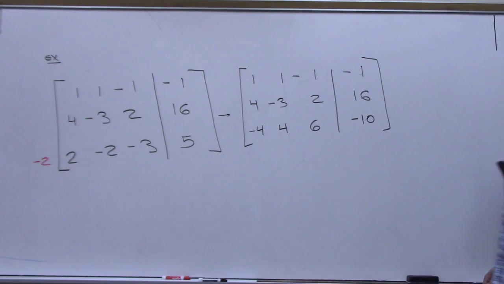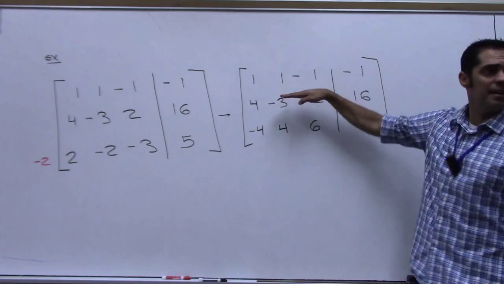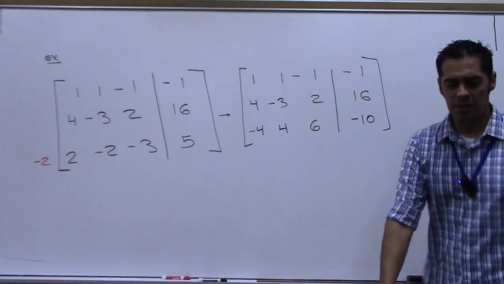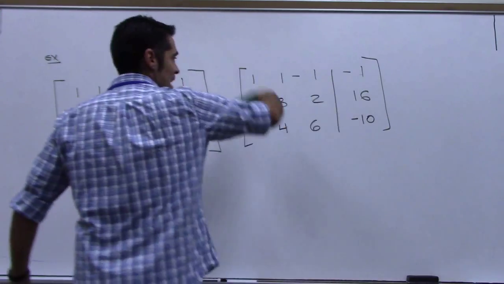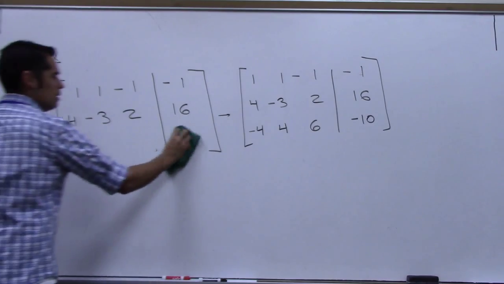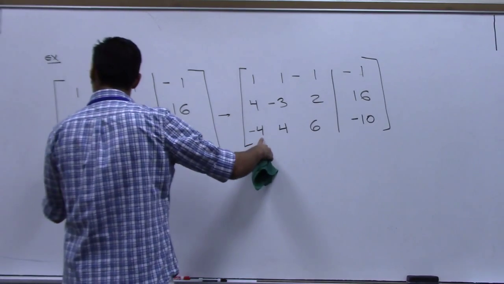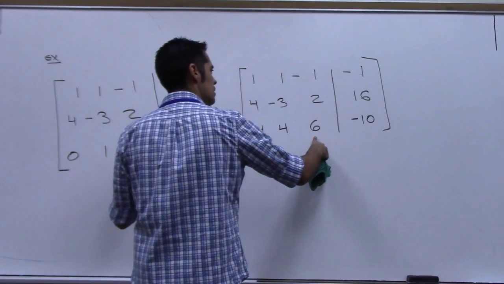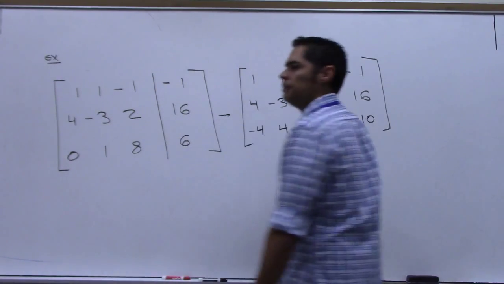That's my new matrix, right? And now add the second and the third together, replace the third with that, right? So my new matrix is going to look like this. It's that exact thing, right? Nothing changed except the last row is going to be what? 0, 1, 8, 6.